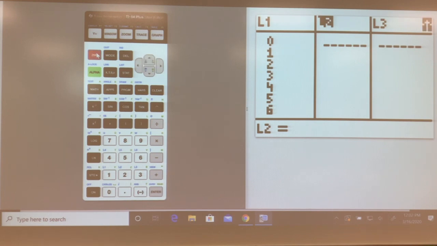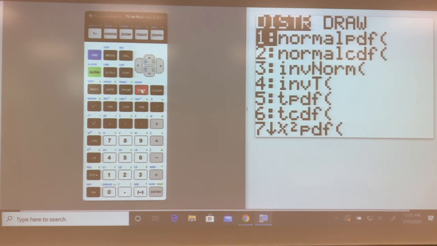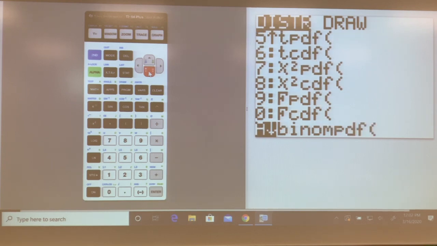So go second vars, which is second distribution, okay? And arrow down to binomial PDF. Binomial PDF. And hit enter, okay?